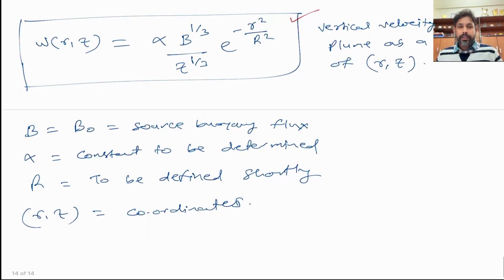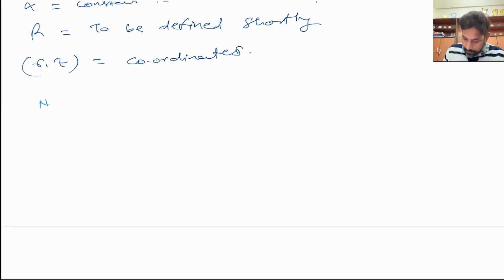Okay, so now having derived the formula for the velocity, we can use it to derive other parameters, which include the volume flux. Next we do Q, which is a function of r and z, that is the volume flux of the plume.